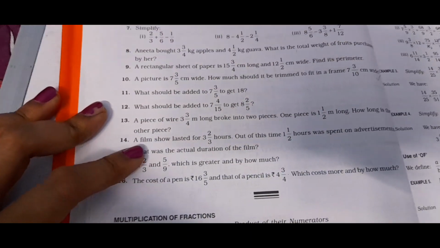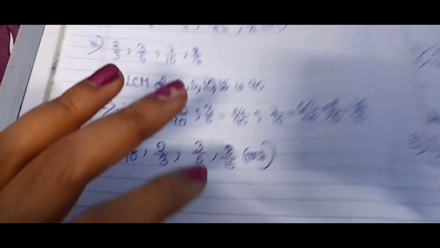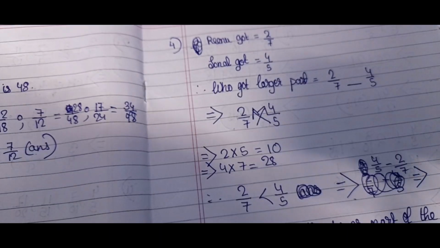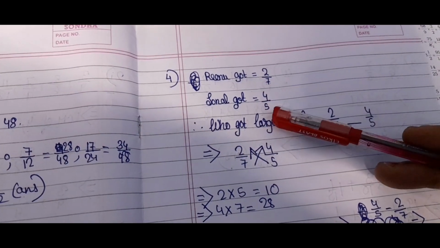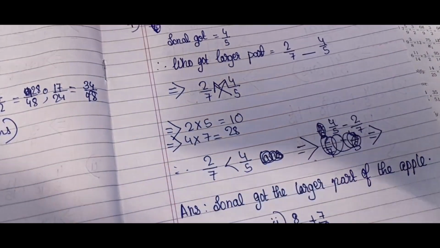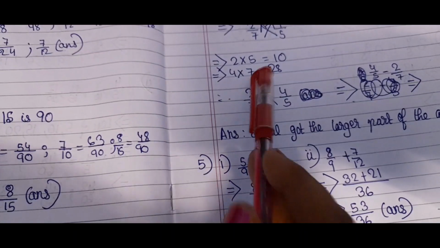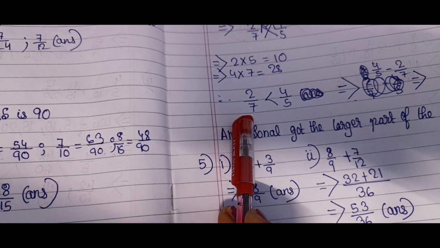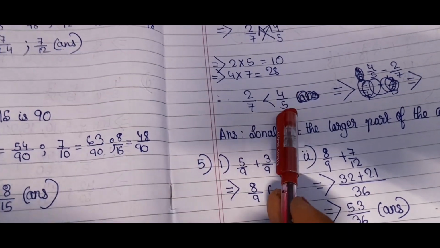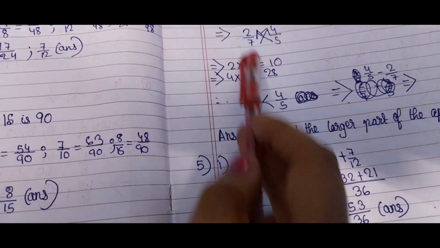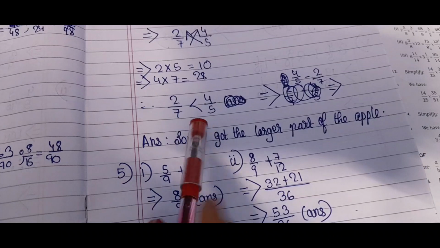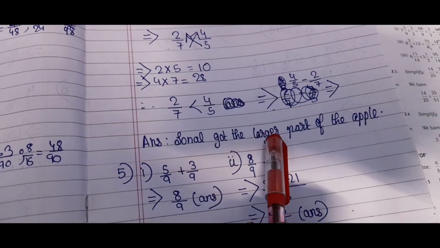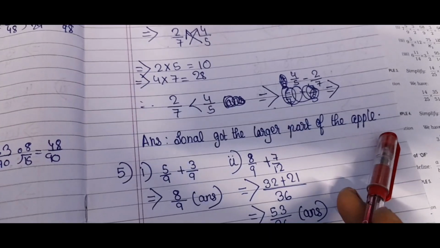That means we have to compare both fractions again. Renu got 2 by 7, Sonal got 4 by 5. After the cross multiplication procedure, 2 by 7 is lesser than 4 by 5. So Sonal got the larger part of the apple.